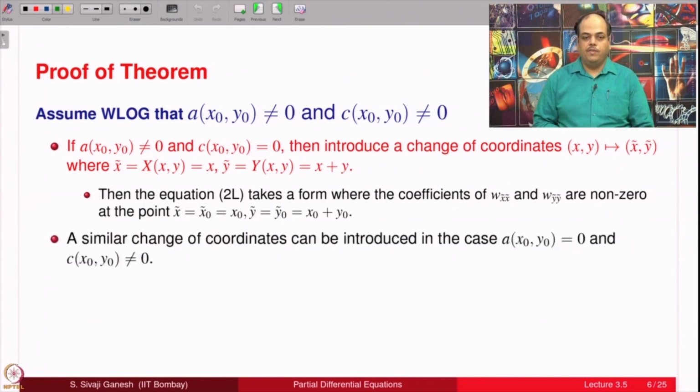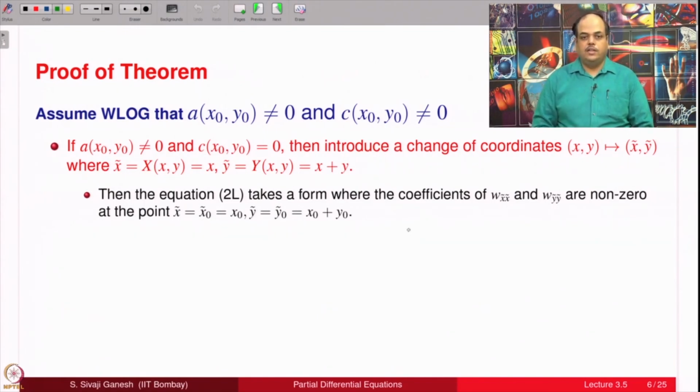Okay, we have already introduced change of coordinates and how a PDE changes under change of coordinates into a new equation, right. Use those formulae and conclude this very simple exercise. I will not be giving the details of this.